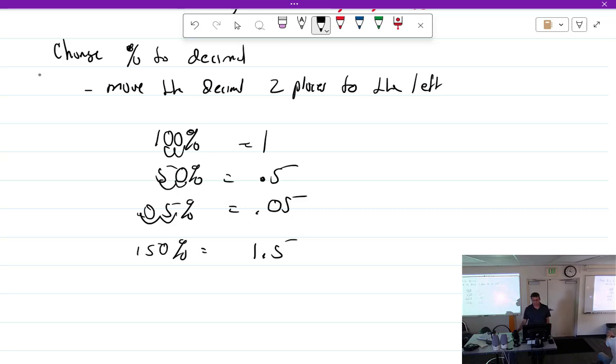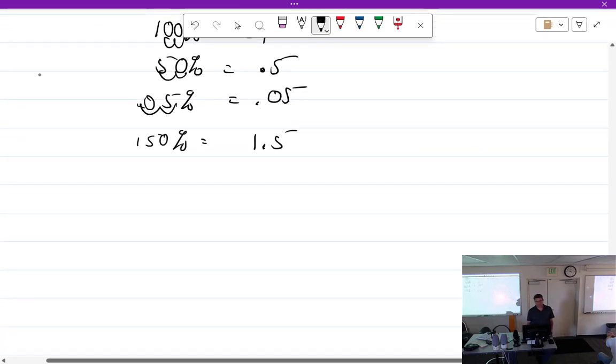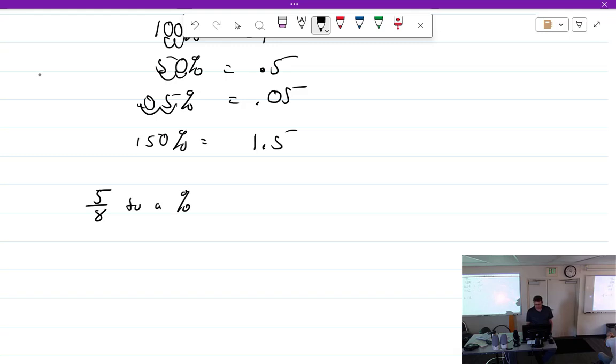What if I had to change 5/8 to a percent? What would you do there?